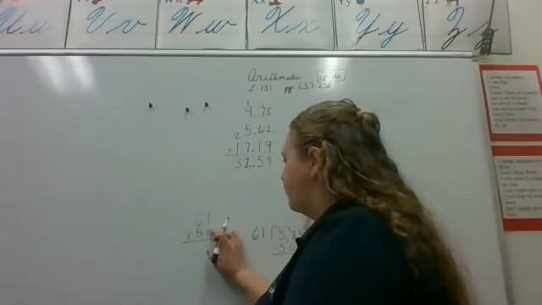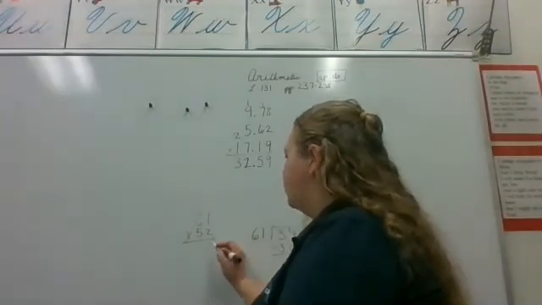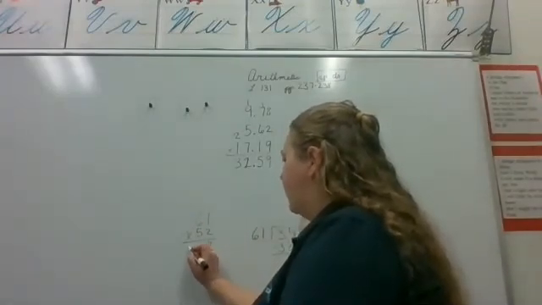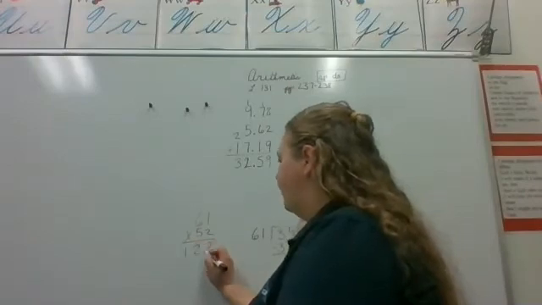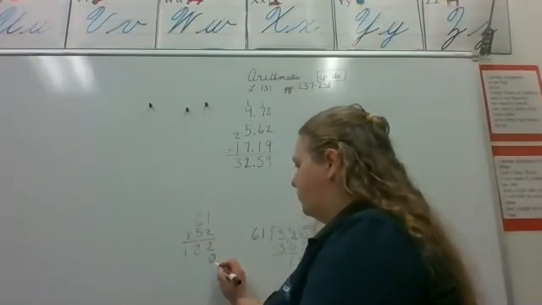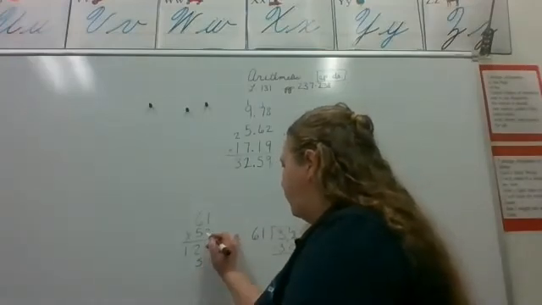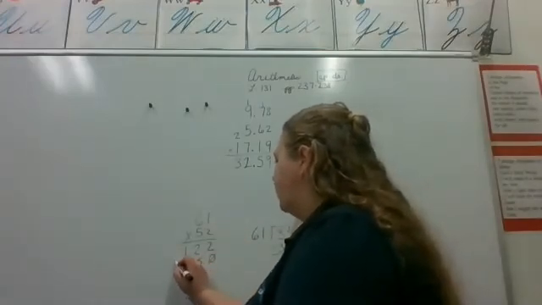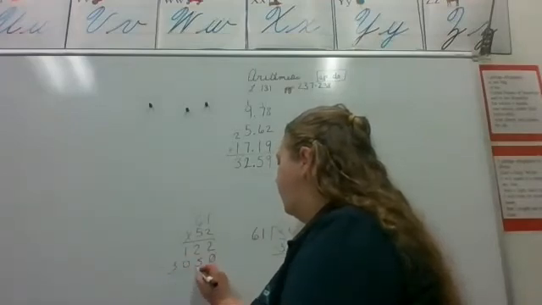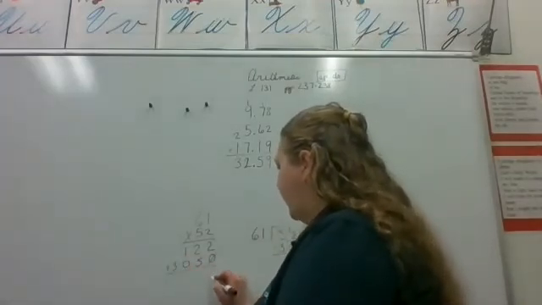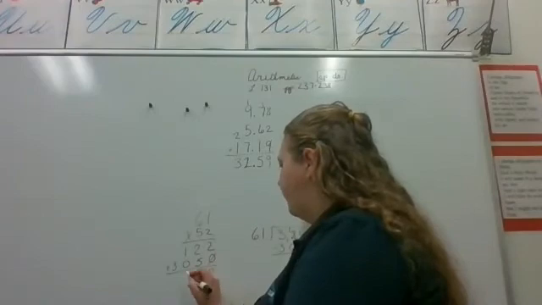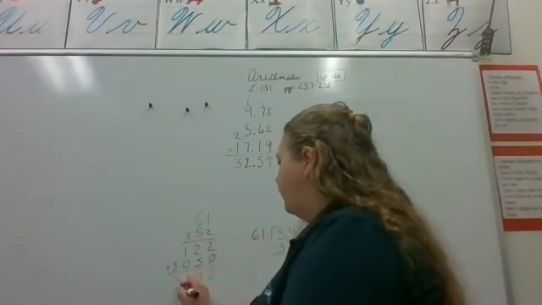So 2 times 1 is 2. 2 times 6 is 12. We put our 0. You can put a slash through it if it helps you. 5 times 1 is 5, and 5 times 6 is 30. Okay, we're going to add this up: 2, 7, 1, and 3.